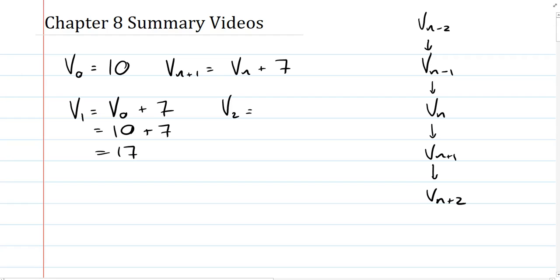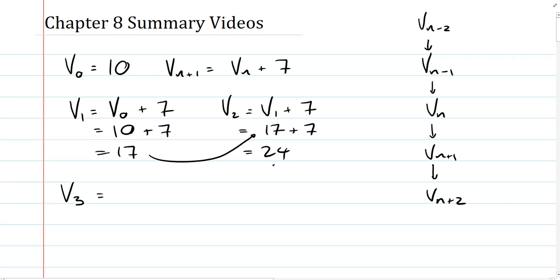So V2 has to be V1 plus 7, which is this 17 plus another 7 is 24. And V3 would be that 24, V2, plus another 7, which is 31.